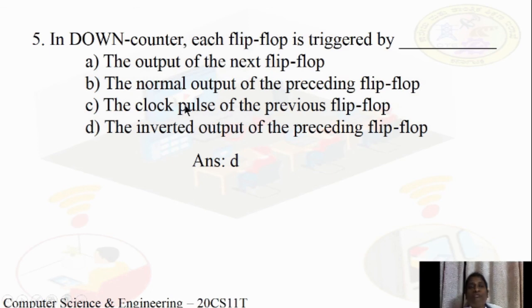The previous flip-flop's Q dash value, the output value, will be connected to the next flip-flop's J and K values, once again in the inverted form. So the answer is the inverted output of the preceding flip-flop. So the answer is D.